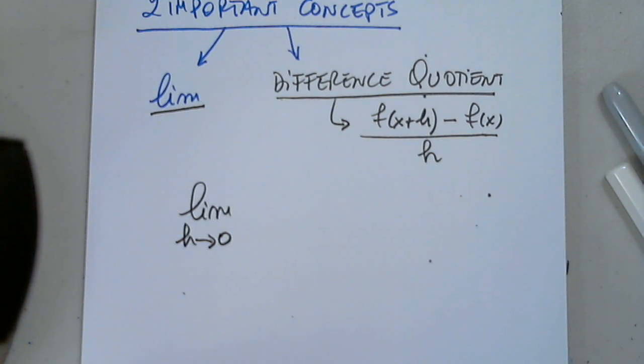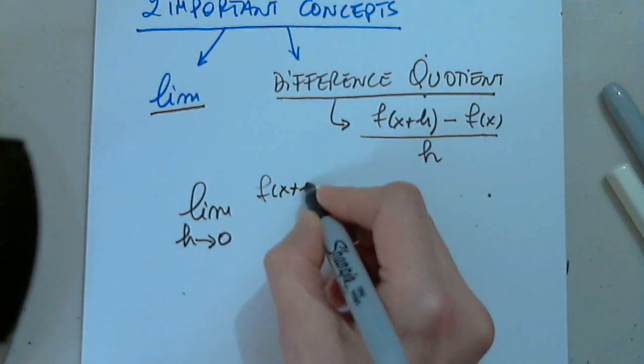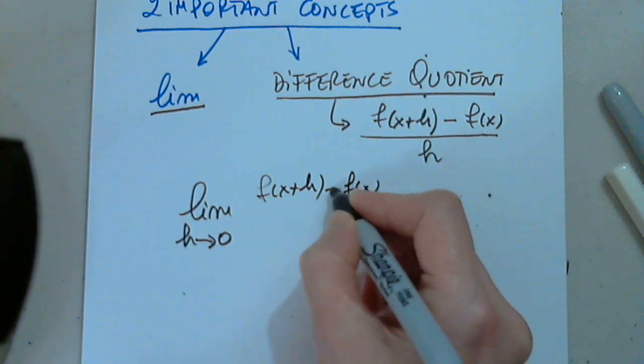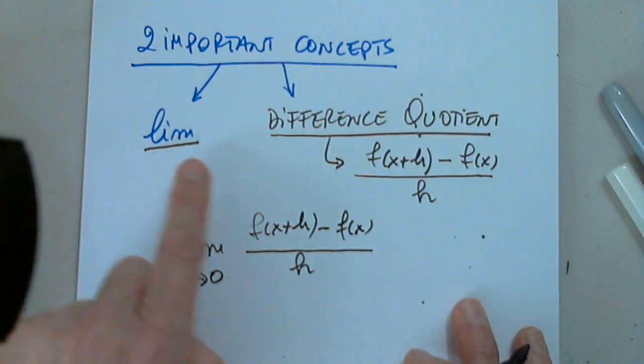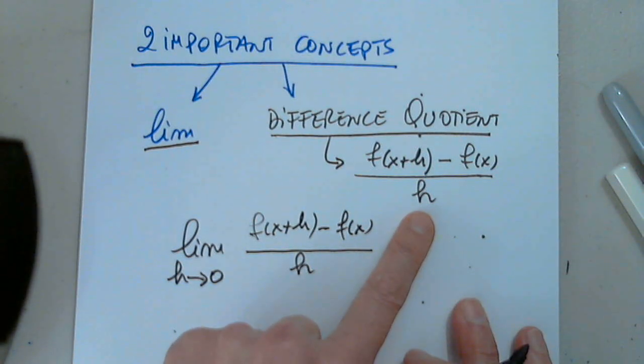Okay, so f of x plus h minus f of x divided by h. So you can say, what do you mean by h approaches 0?